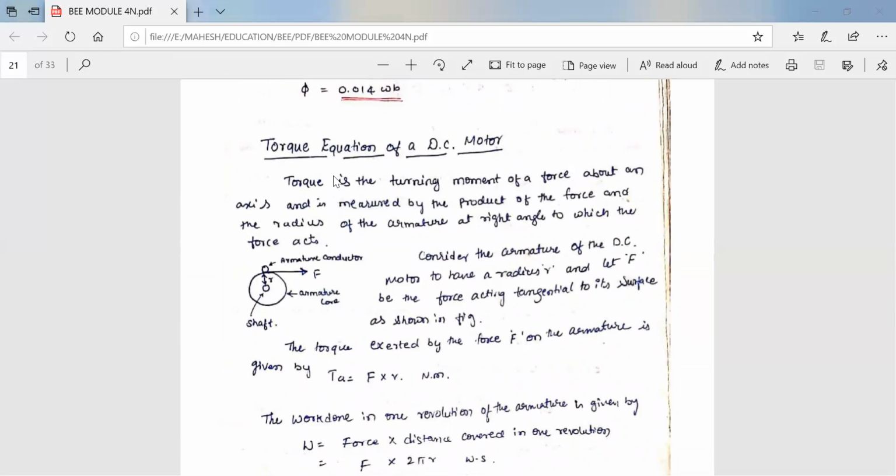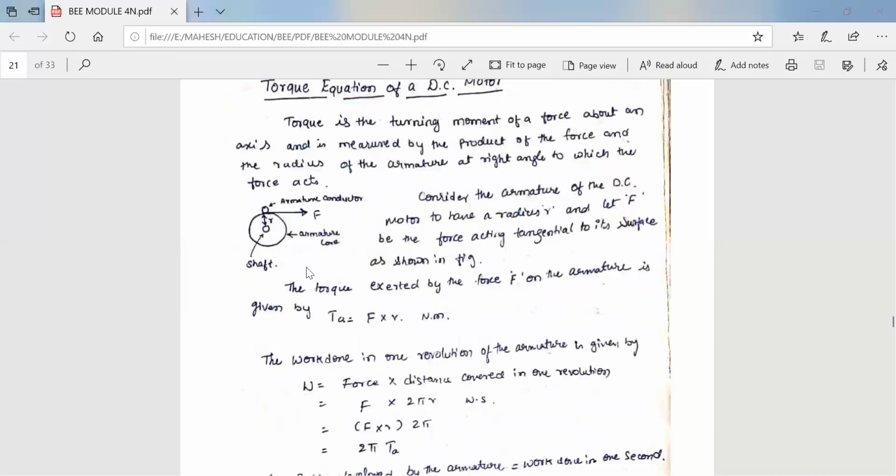The general meaning of torque is a twisting force or rotating force. Torque is the turning moment of force about an axis. It is a twisting force produced about its own axis, and it is given by the product of force and the radius of the armature.